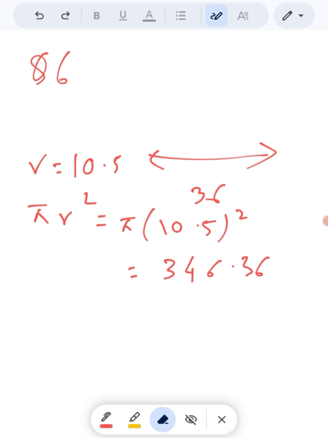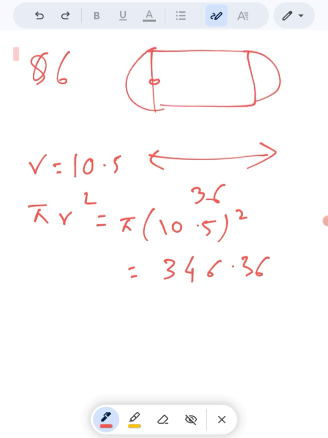Now over here in the question, let me rub this out. I am drawing the figure once again for your understanding. Look, this side was 21 and even this entire side was 21. Now considering this side, you all have this knowledge that your radius is 10.5.